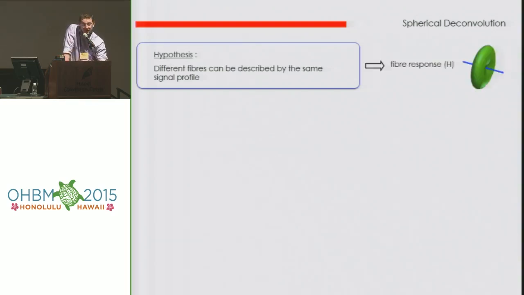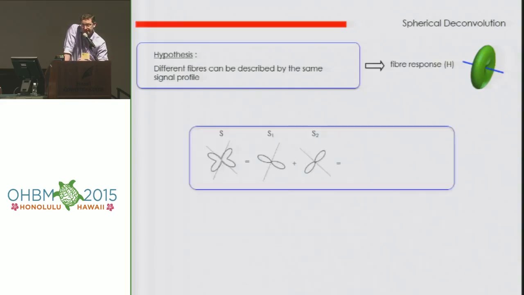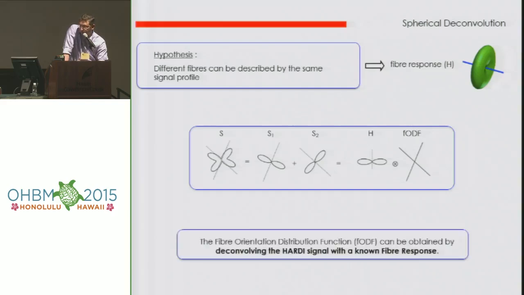So we can also assume we have a fiber response. If we know exactly the signal coming from a fiber, then we can see the overall signal not just as a sum of different fibers, but also as a convolution of a fiber response model and a fiber ODF. Now, what we want to do in practice is the opposite operation.